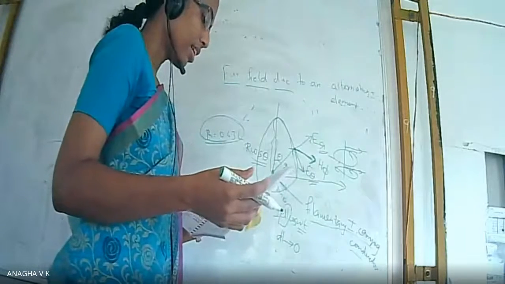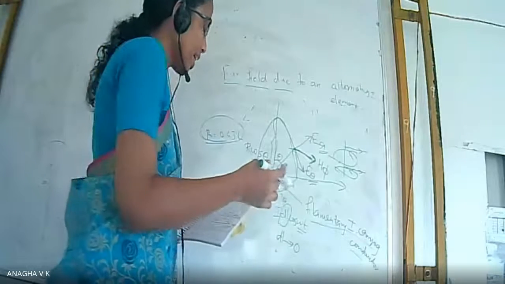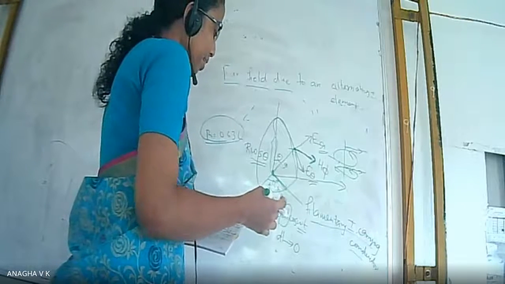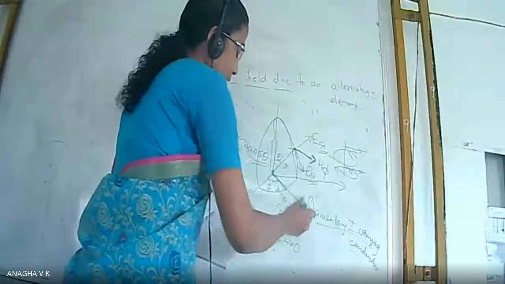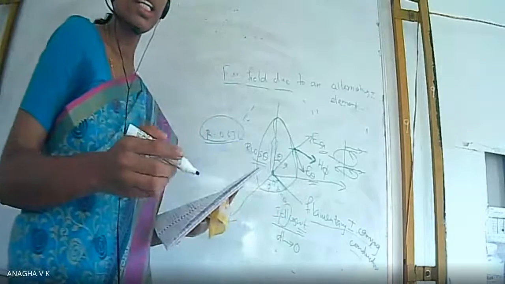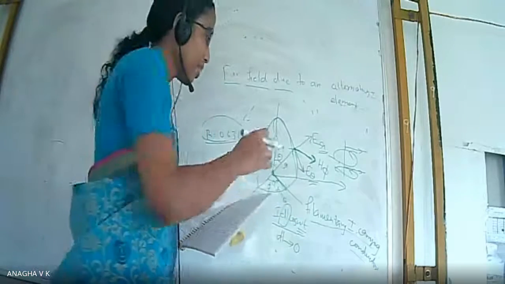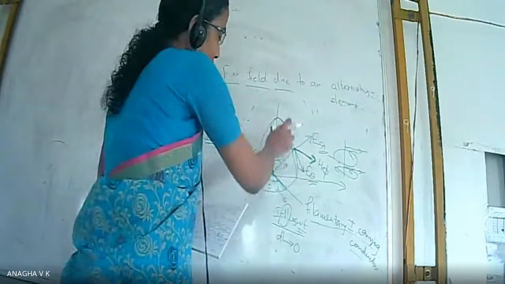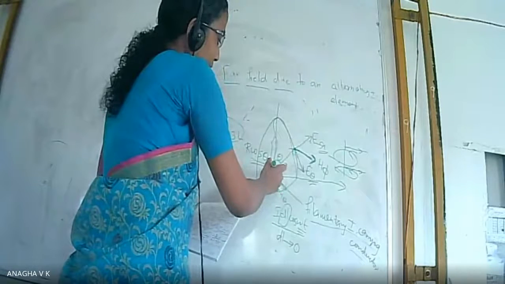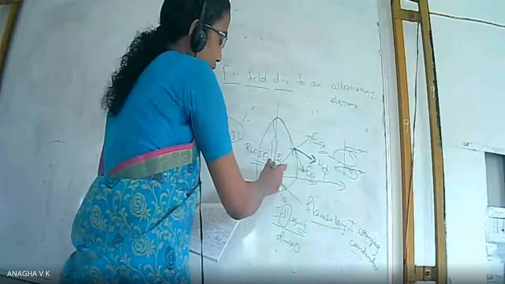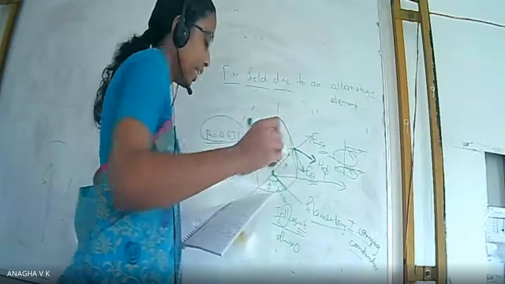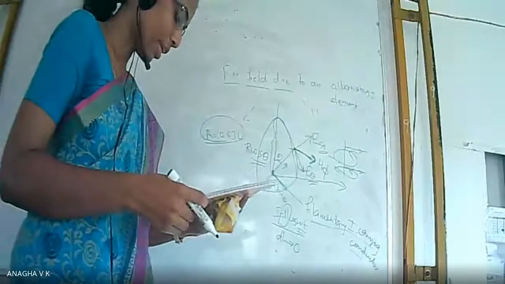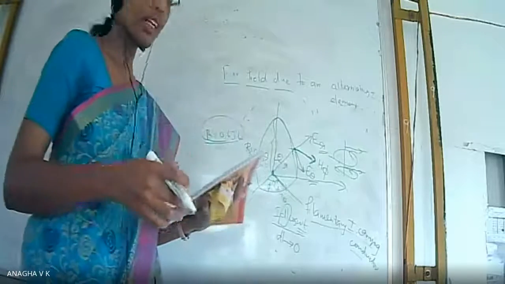So this current is given by I dl cos omega t. This current carrying element is in the direction of cos theta, with theta replaced by omega t.